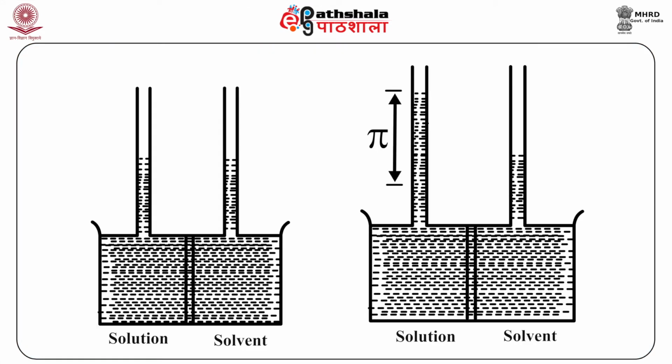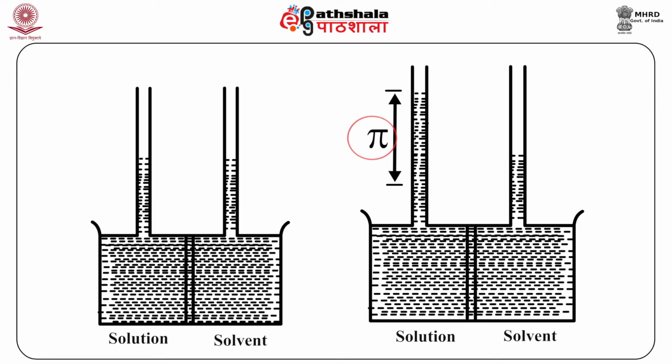As a result of osmosis, the meniscus of the solution tube rises, whereas that of the pure solvent falls, until equilibrium is reached when the meniscus of the solution tube does not rise further. At this stage, the excessive hydrostatic pressure created on the solution side exactly balances the tendency of the solvent molecules to pass through the membrane, as shown in the figure.